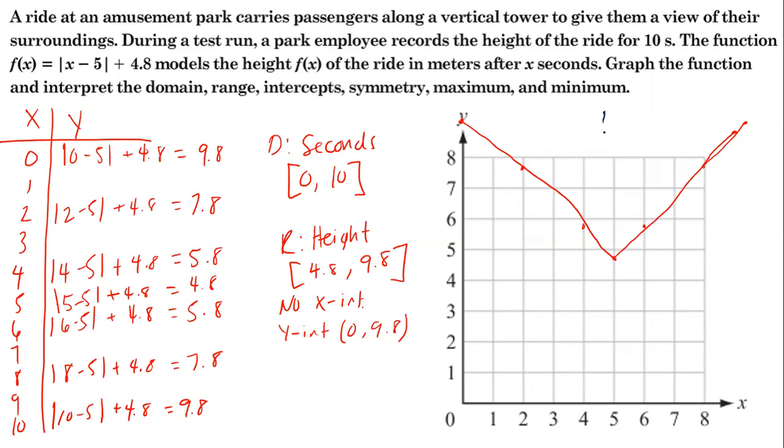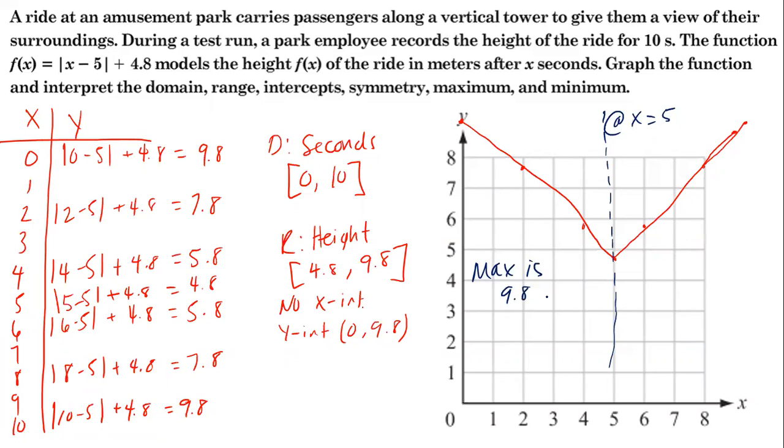Axis of symmetry would be at x equals 5. And then what's left? Maximum and minimum. Our maximum height. Our max is 9 and 8.